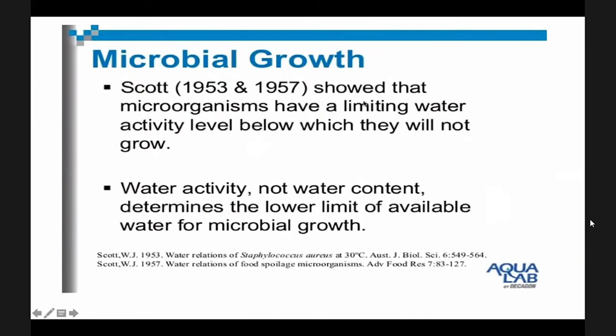Okay. There are research studies showing that microorganisms have a limiting water activity level below which they will not grow. So this is also the basis why we have to check on water activity in packaged food. Water activity, not water content, determines the lower limit of available water for microbial growth. So you should take note of the second one.